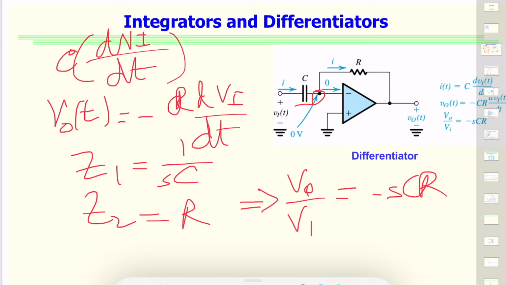And of course, it's j omega. When you plug in j omega, we can get the transfer function magnitude, which is omega CR.